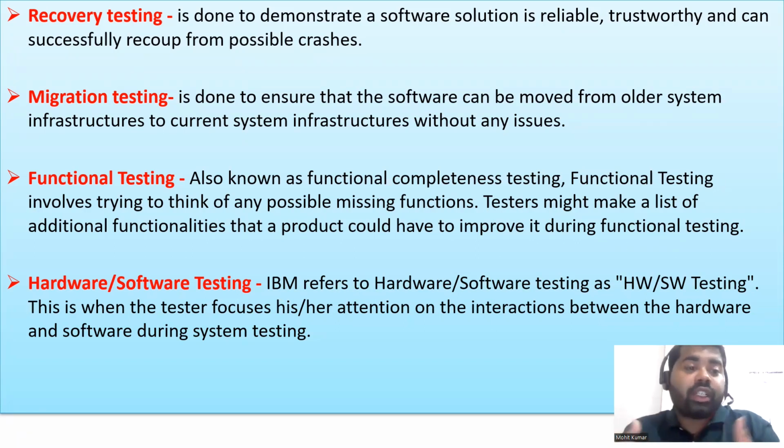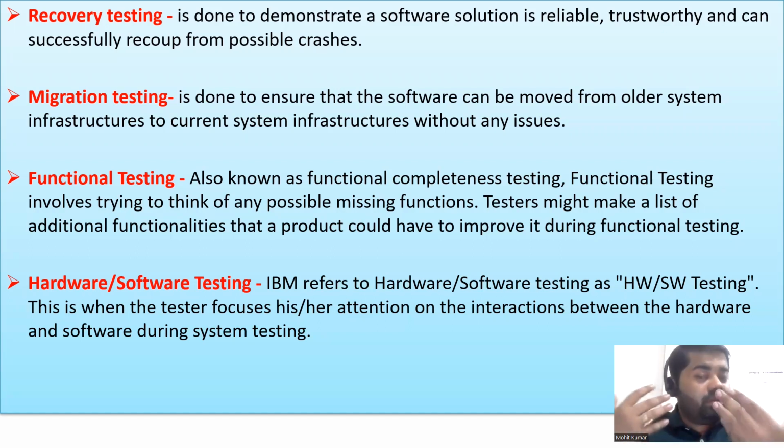Now another testing is called migration testing. Name itself is called migration testing. So we have the old application that is called a legacy application, right? And the client wants to migrate to the new tech, right?